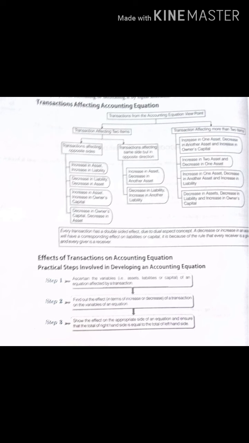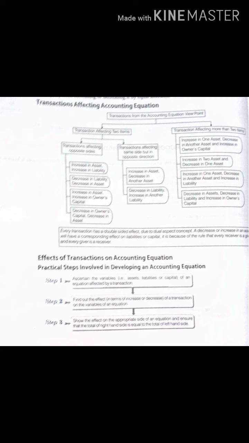Now next part of the classification, that is transaction affecting more than two items. First is increase in one asset, decrease in another asset, and increase in owner's capital. Okay, again I'll repeat, increase in one asset, decrease in another asset, and increase in owner's capital.